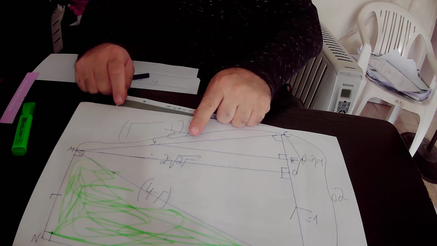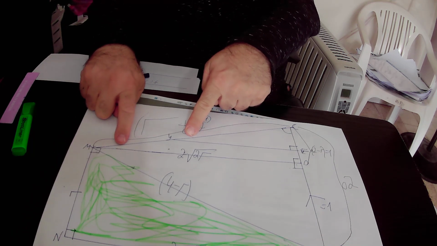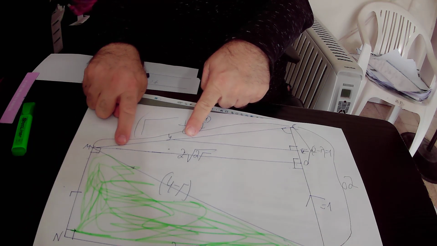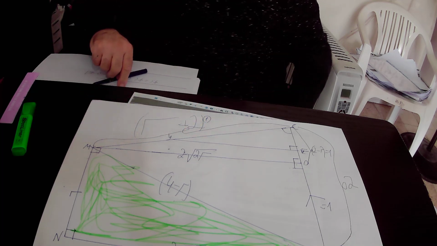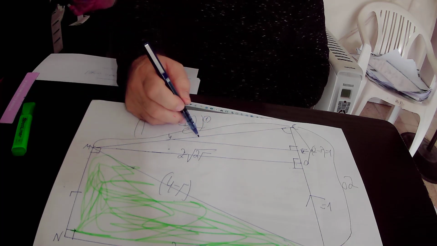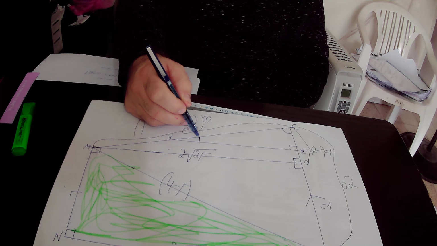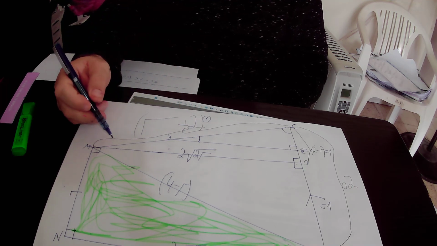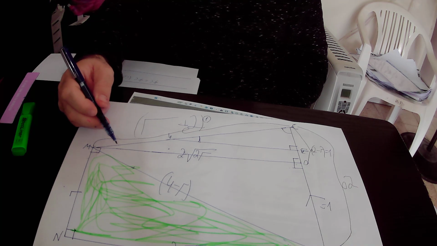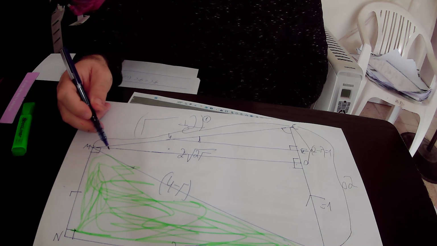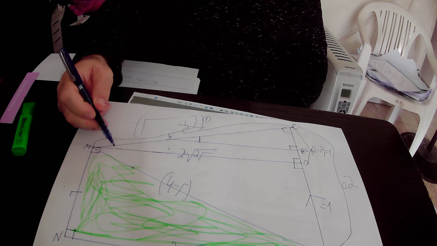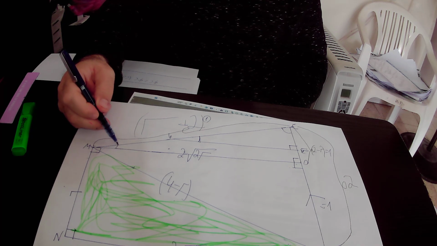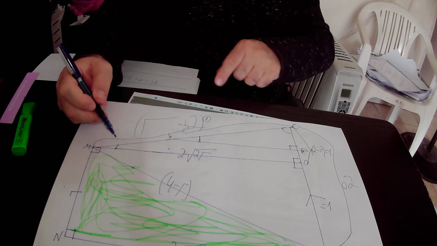And finally, we have those two angles that are also equal to each other. That is to say, angle CYE from triangle CYE equals angle CMD of triangle CMD.